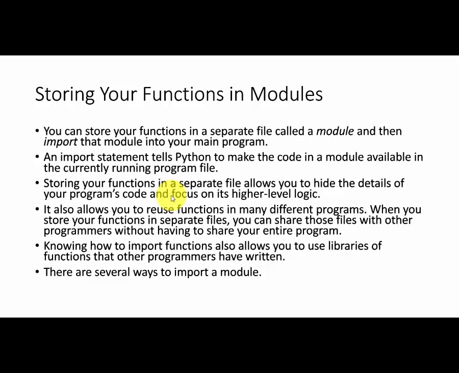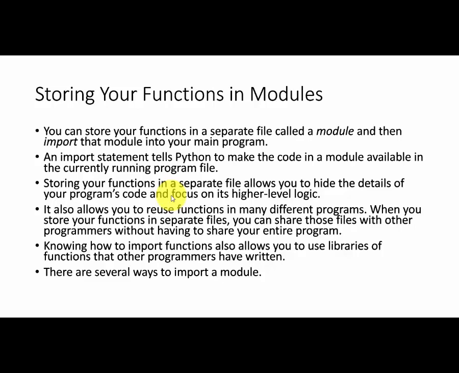You have different classes, n number of classes, and in any particular class I can use this method make pizza. When you store your functions in separate files, you can share those files with other programmers without giving your complete program.